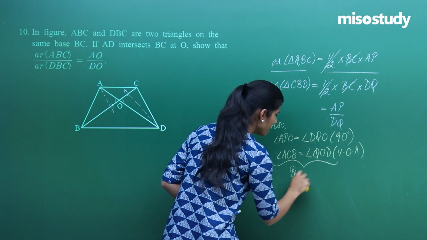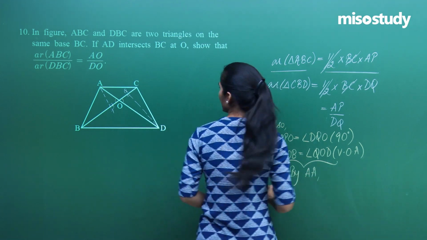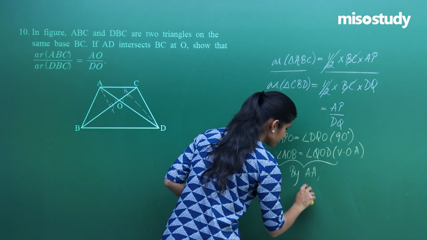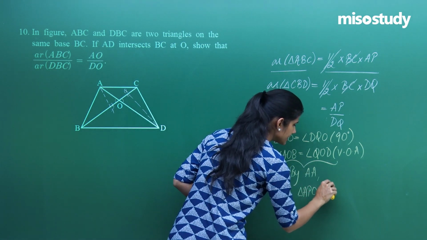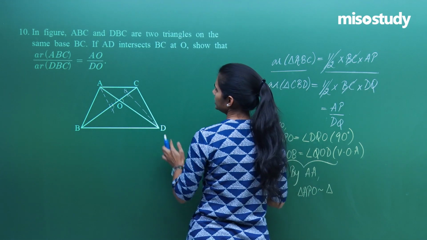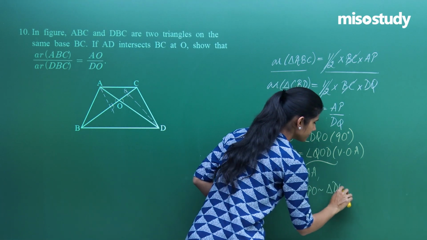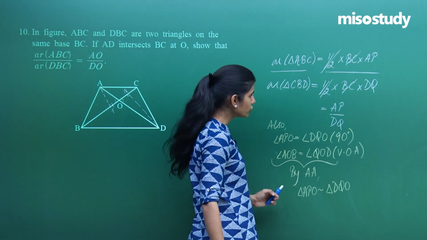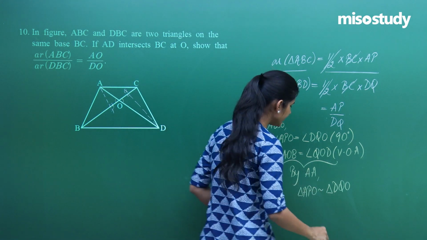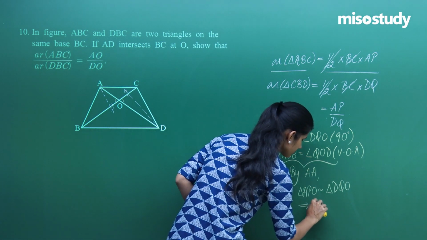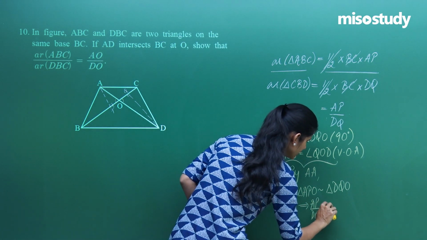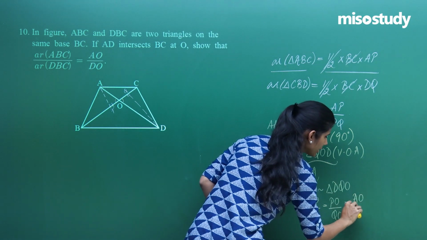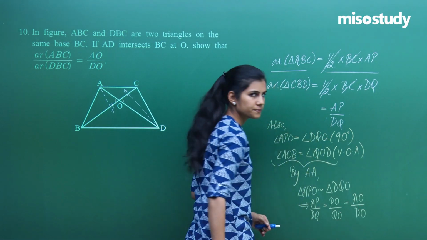That means by AA similarity, I have triangle APO similar to triangle DQO, and therefore their corresponding sides will be proportional. So AP upon DQ is equal to PO upon QO is equal to AO upon DO.